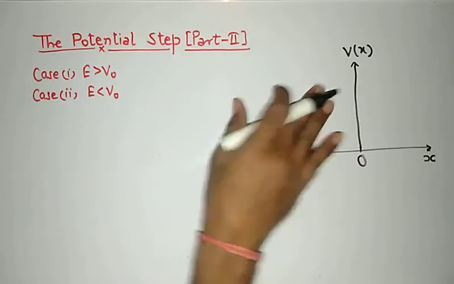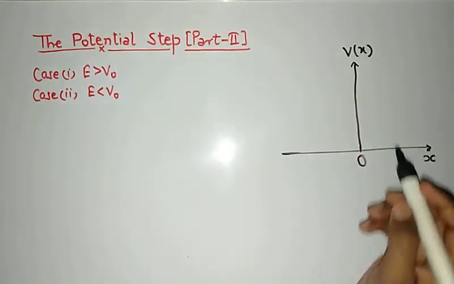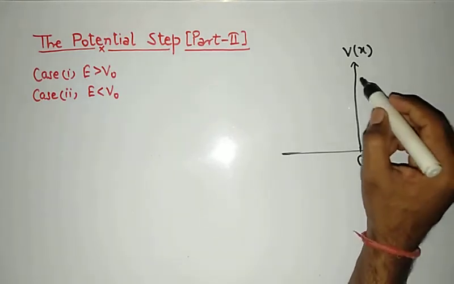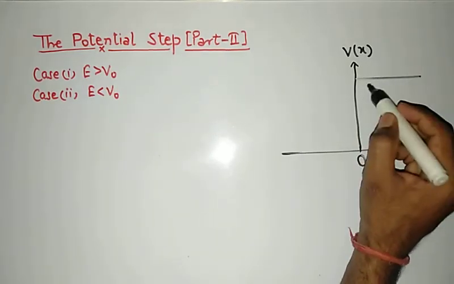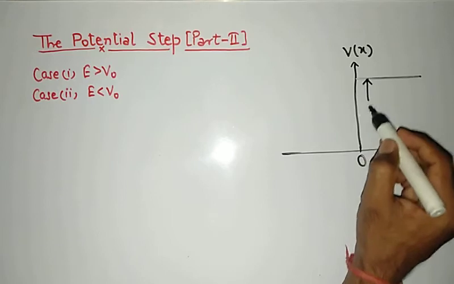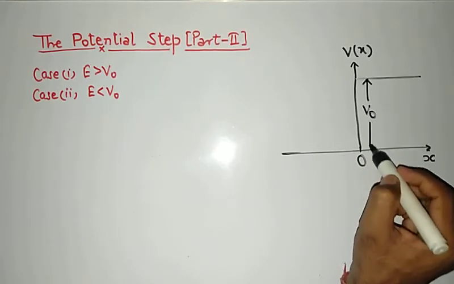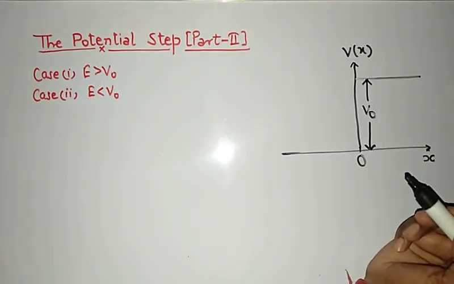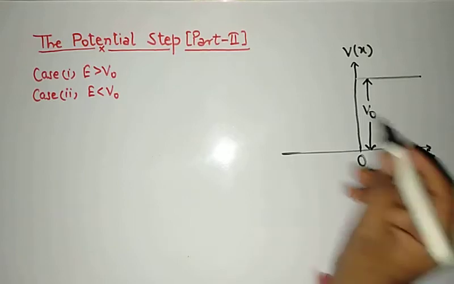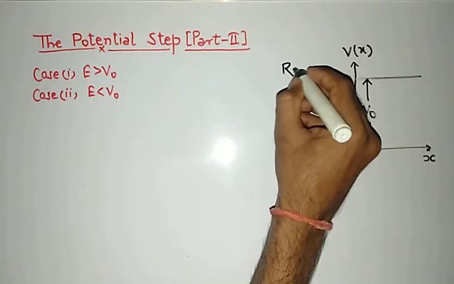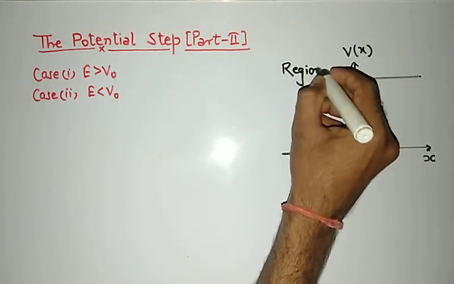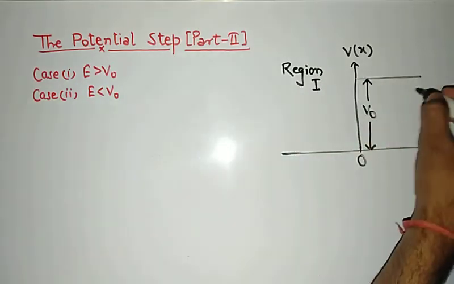Here region 1, region 2, draw potential height V naught, this is. So write down here region 1, region 2.